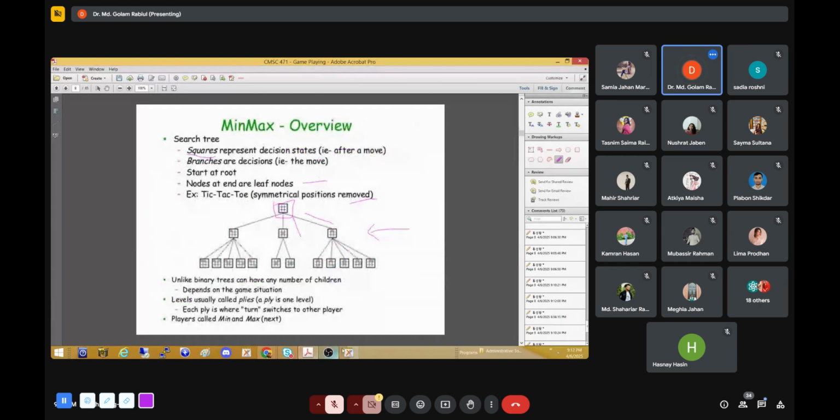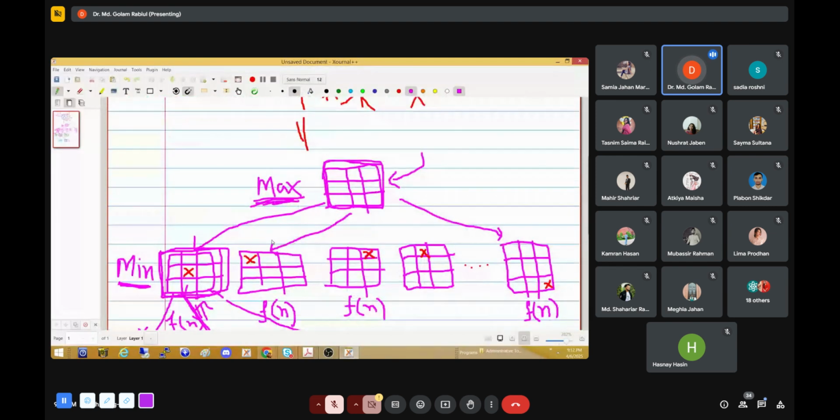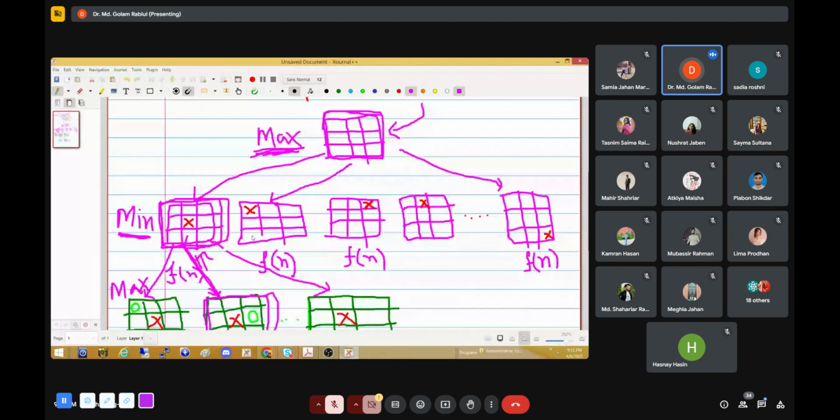So we can think about the symmetrical positions of our first move. Like moving in this corner is the same as moving in this corner, and the same as moving in this corner. So those are the symmetrical positions, and we can consider all the corners the same.